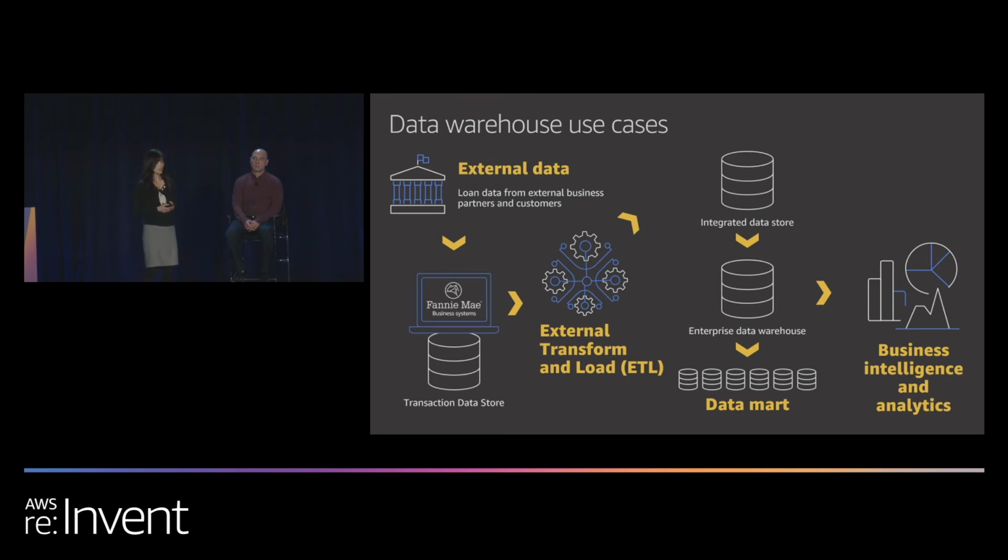The integrated data store is where we collect data attributes from various transaction data stores, and we massage and merge them together to form what we call a golden record of loan, or the master record of loan. This is the trusted data source for real-time operational reports.